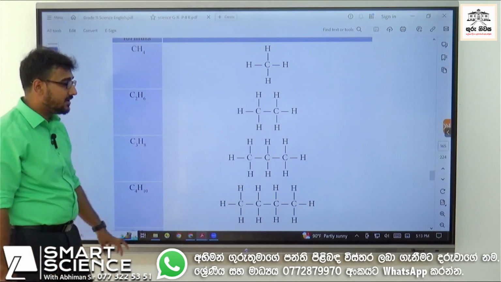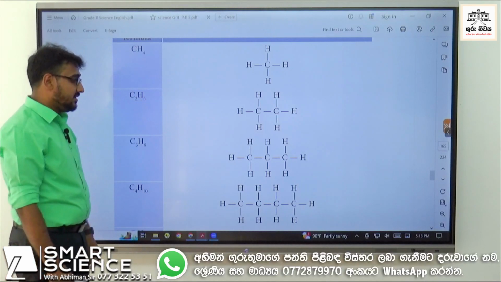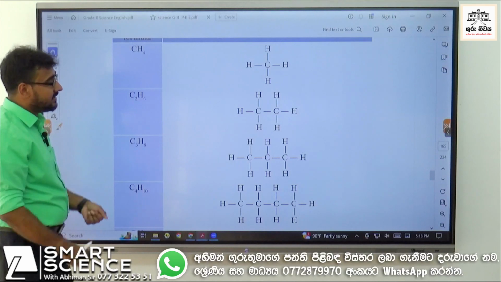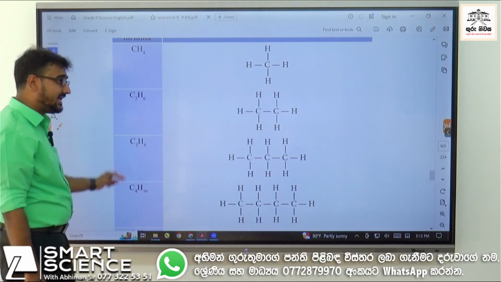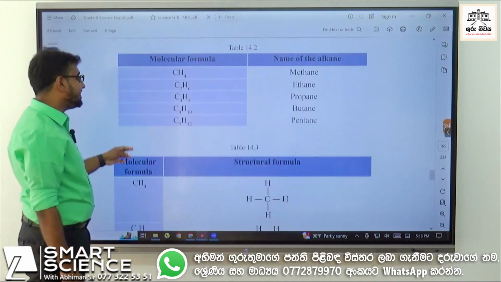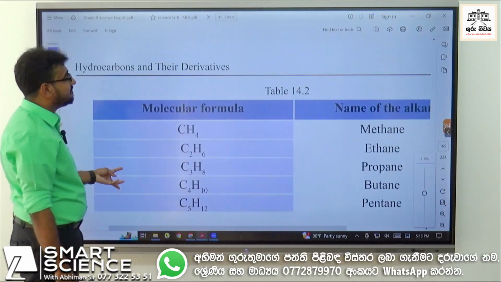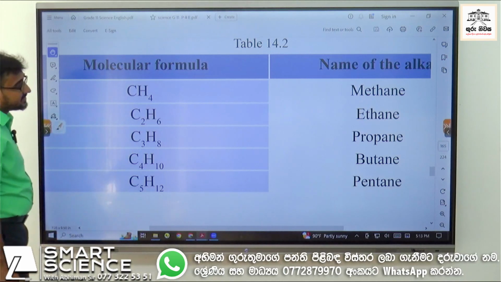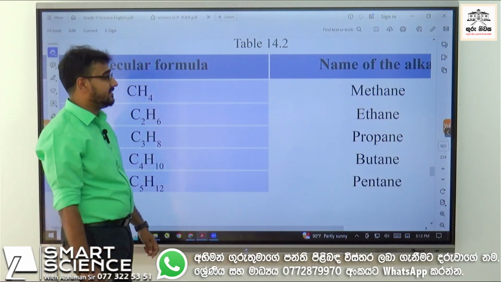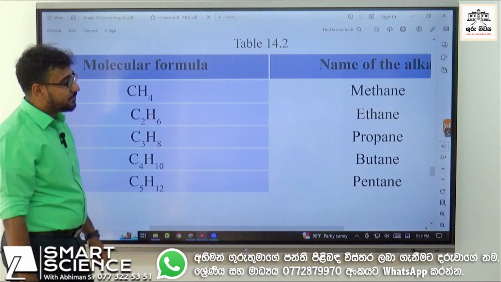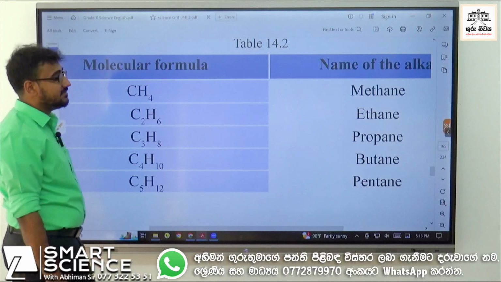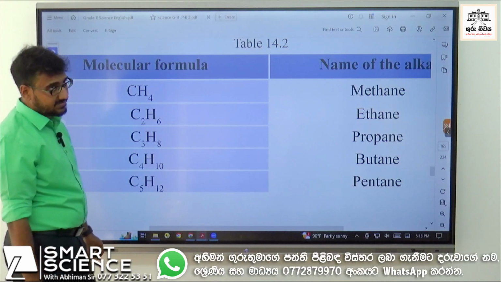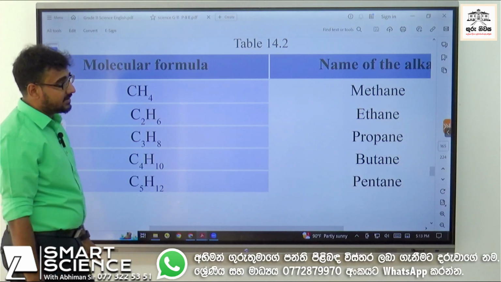So these are alkanes, and the names of alkanes all end with "ane". If there is one carbon, meth plus ane is methane; if two, eth plus ane is ethane; three is propane, butane, pentane, and so on: hexane, heptane, octane, nonane.